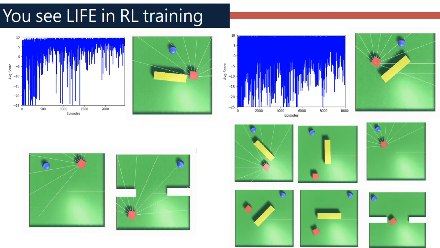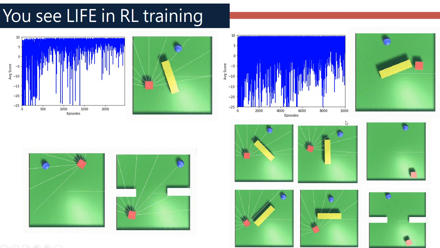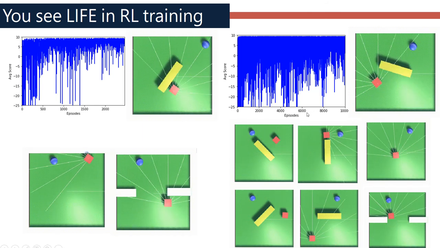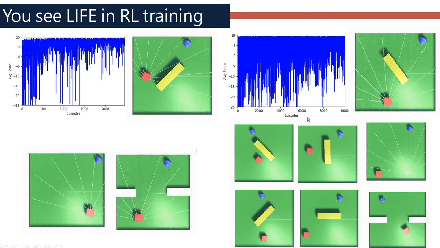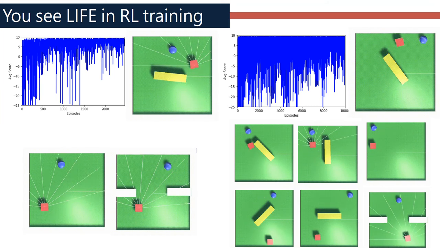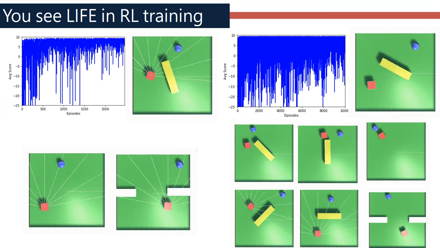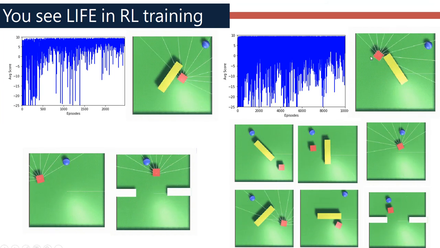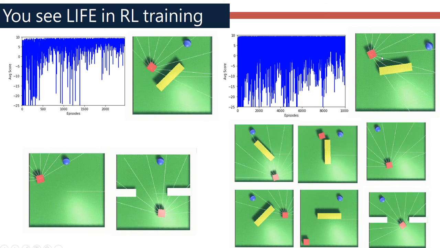It cannot generalize. On the other hand, on the right-hand side, we use a shallow neural network. It contains only 1 layer and 36 nodes. So as you can see, the performance in the training environment is not that good.